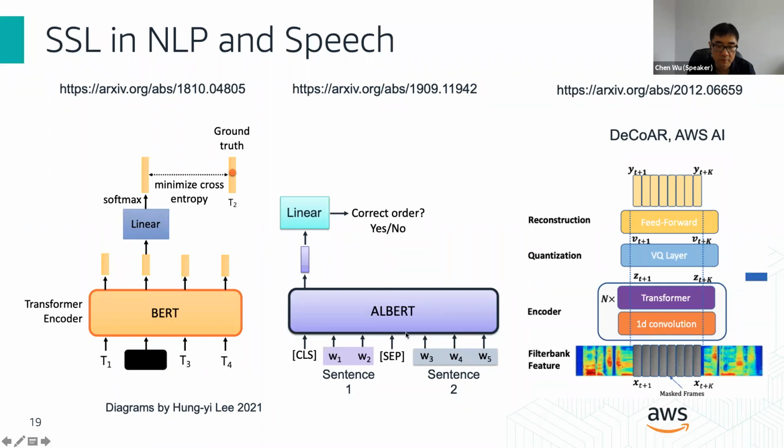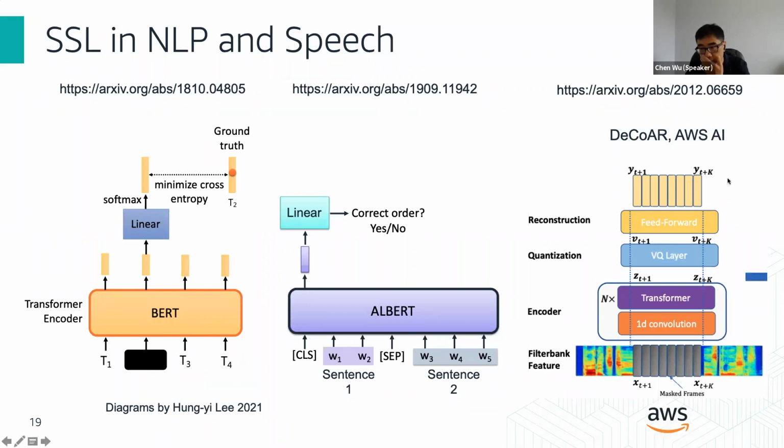So the only thing the network is asked to do is classify whether the two sentences are a natural sequence or not, to learn the sequence between the two, rather than just the content. You can see these labels are very cheap to obtain, but it turns out that doing such a thing has a very profound effect on the downstream task.